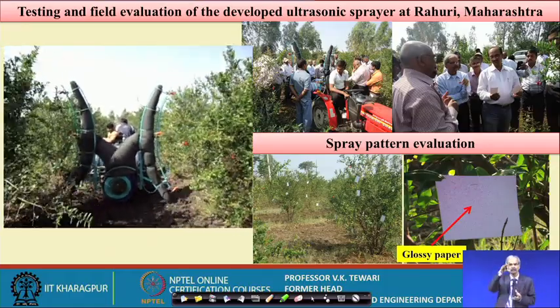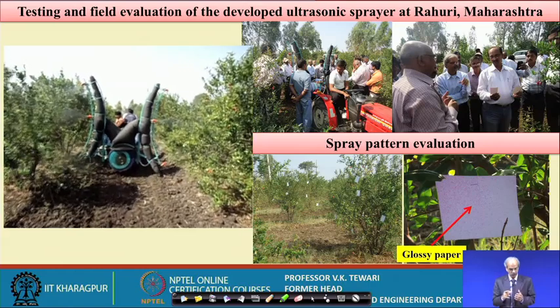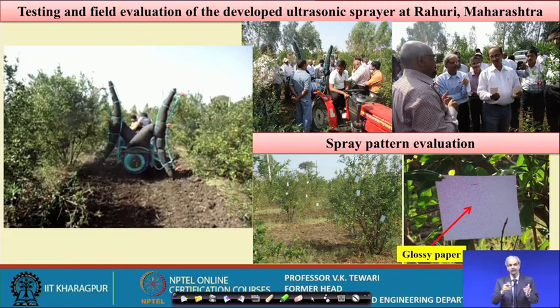So, from all three orientations, the whole plant is drenched, and this is from one side. When you get back to the other side, again you can find the same. These are some of the photographs which indicate that yes, this unit was tested at that location.